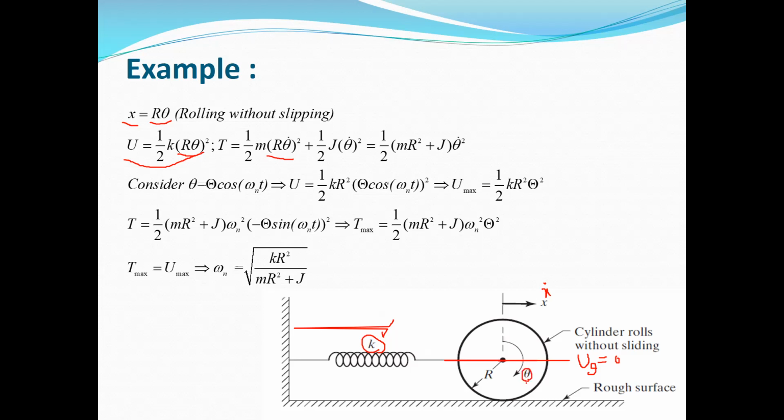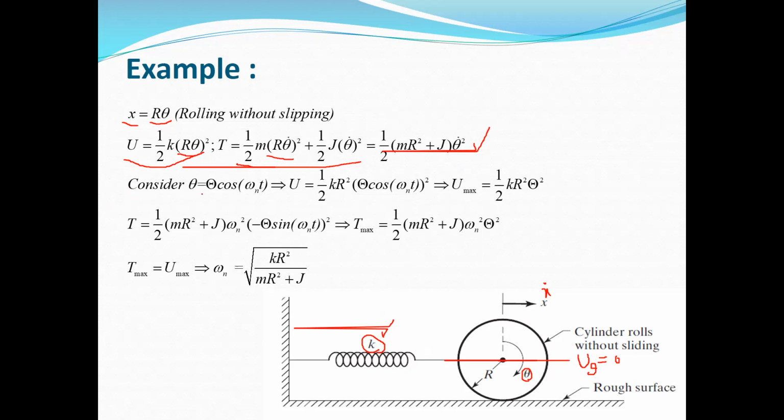Here we have the angular displacement, which is theta, so the angular velocity is theta dot. Finally, the kinetic energy is half m r squared theta dot squared plus half J theta dot squared, where J is the mass moment of inertia of this cylinder about its mass center. We can simplify the kinetic energy as half times (m r squared plus J) times theta dot squared.